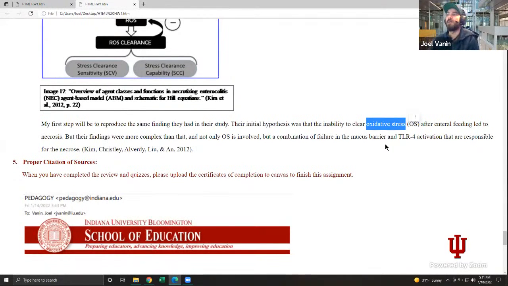So they didn't dive into the other discoveries that they made, but it is related to the mucus barrier and the TLR4 activation. So that's something that I am also willing to show better, if we can make this model on CC3D and try to go further on this second hypothesis generated after their paper.